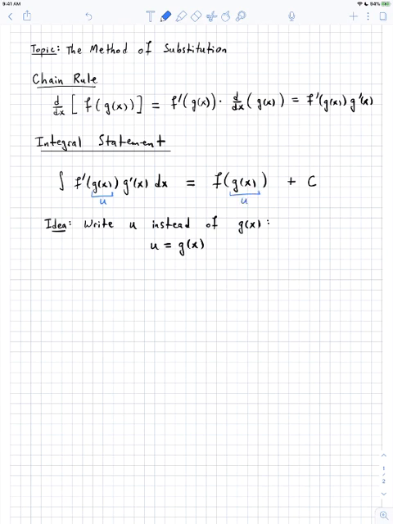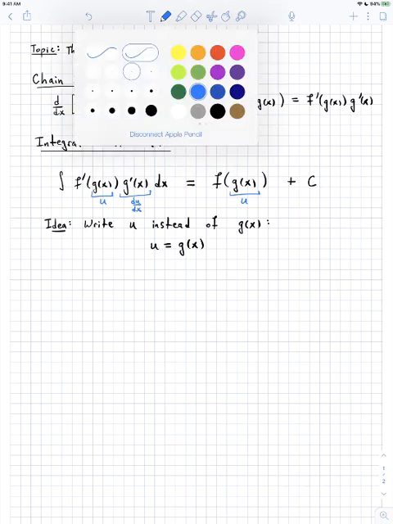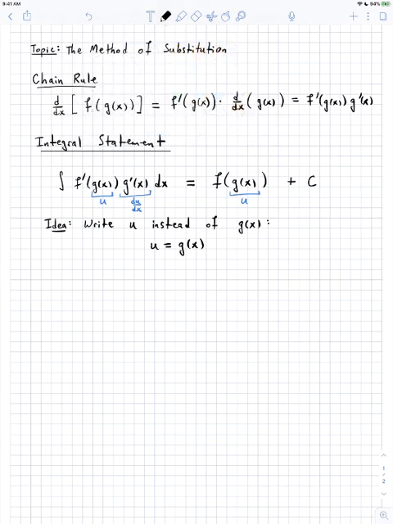What about this g prime of x? That's actually du/dx. So if we rewrite this, we have the integral of f prime of u times du/dx dx is equal to f at u plus c.